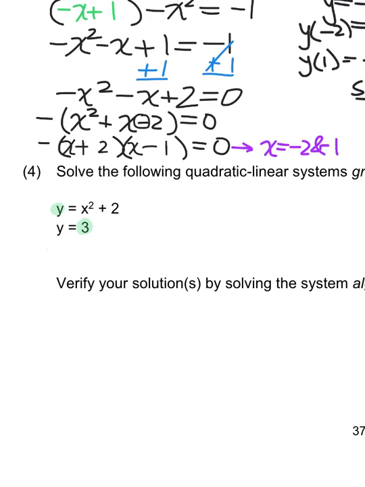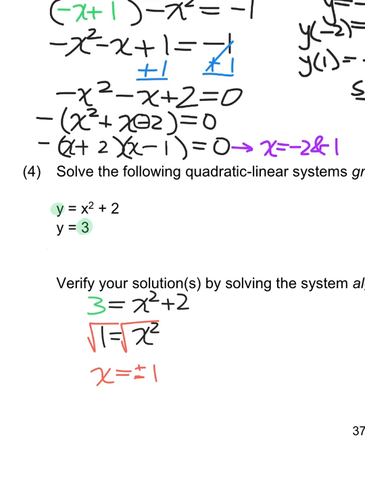So I'm going to replace the y in one of the equations with a 3. So 3 is going to be equal to x squared plus 2. I'm going to subtract the 2 from both sides and get 1 equals x squared. I want to get rid of a power of 2, so I'm going to take the square root of both sides. In which case I'm going to get x equals plus or minus 1.